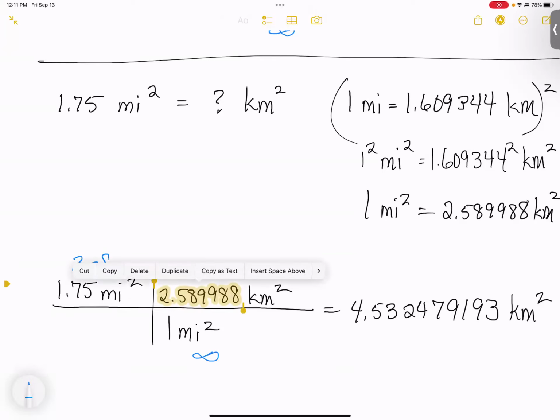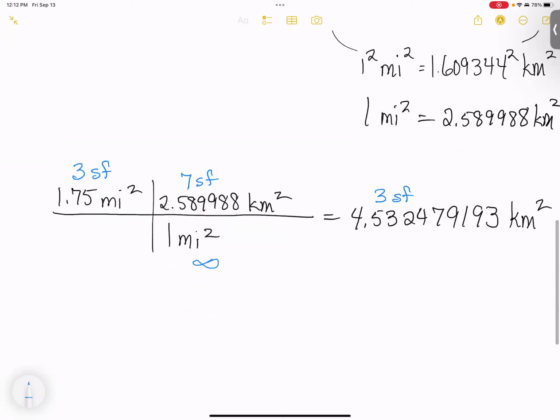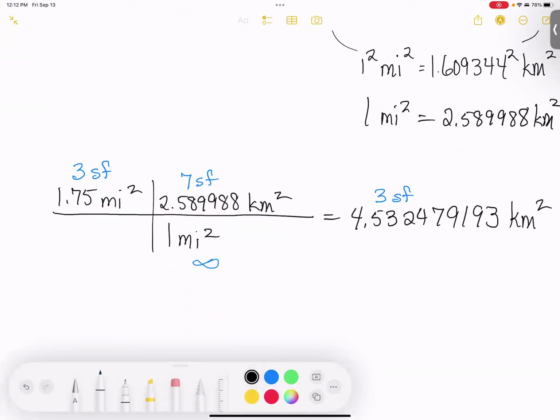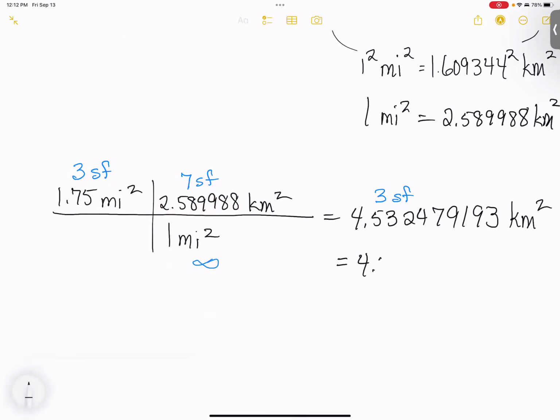So we have 1, 2, 3, 4, 5, 6, 7 significant digits. The measurement with the fewest has 3 significant digits, and therefore our answer should only have 3 significant digits. And so we should record this answer as 4.53 kilometers squared.